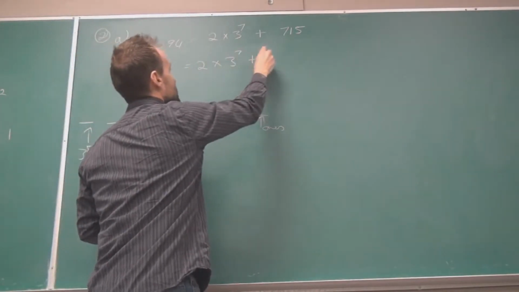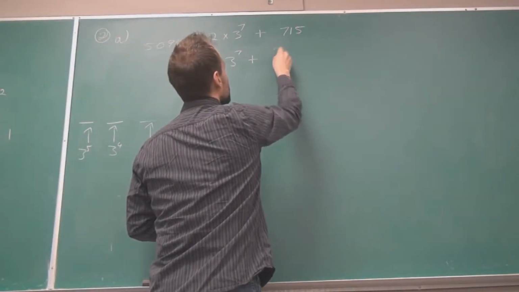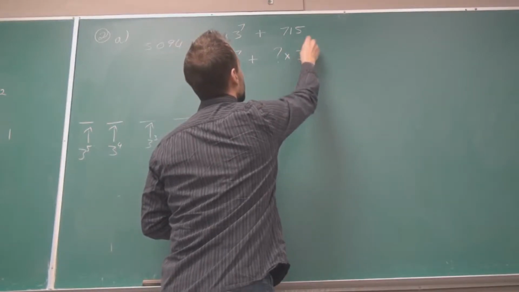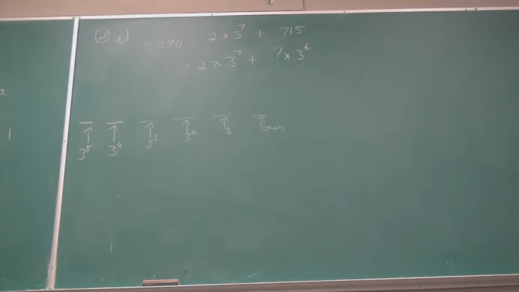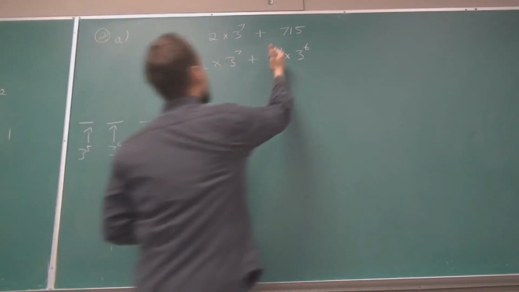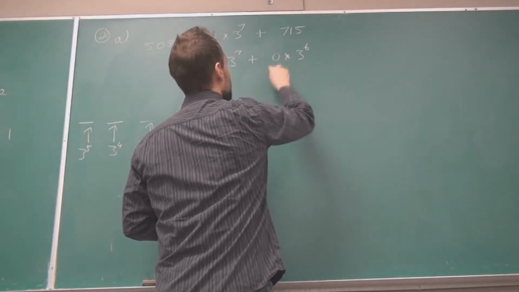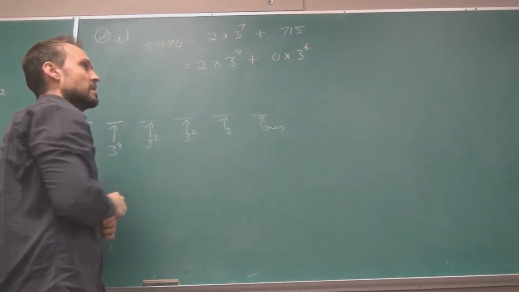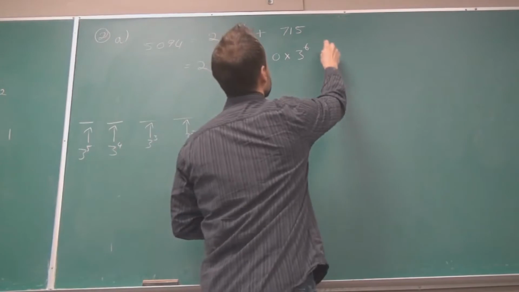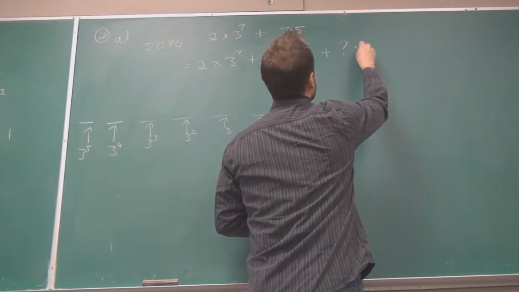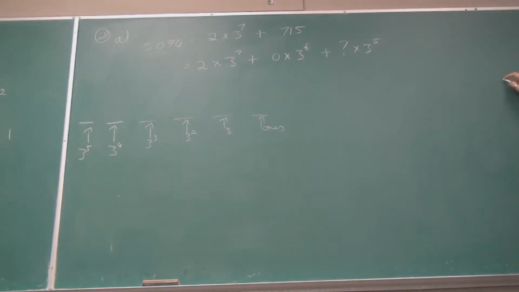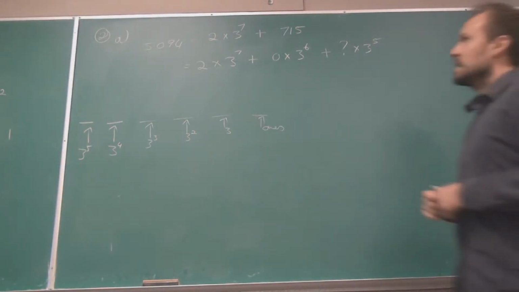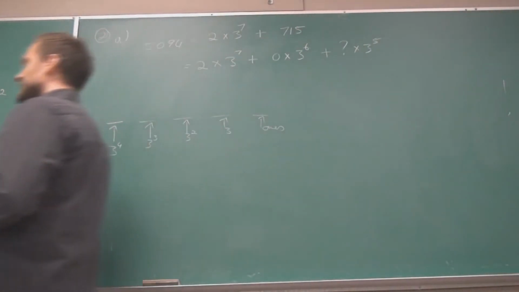Write this down. Now 715 is how many groups of 3 to the 6? 3 to the 6 was? 720. So clearly that's a little bit too big. But I do want to list it because that's a place. There's a place for the 3 to the 6 that I have to keep empty. So then I'll go down to 3 to the 5. Still having 715 left.